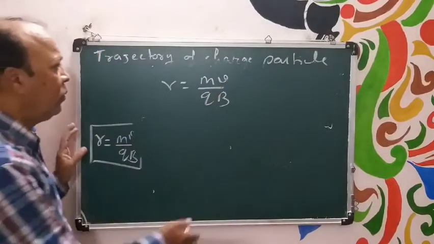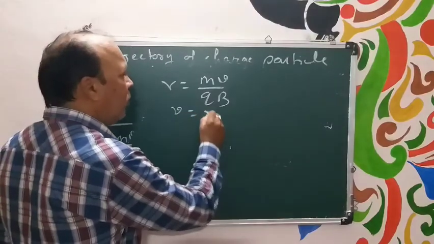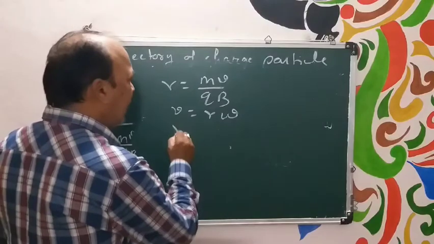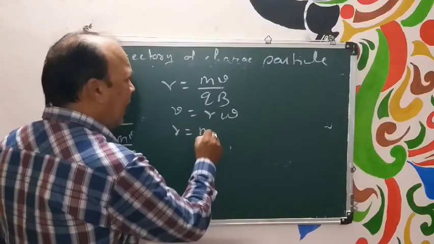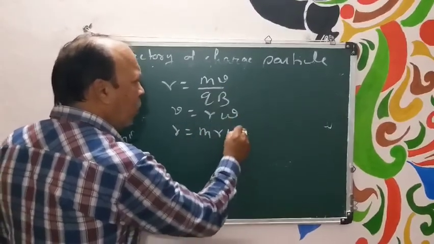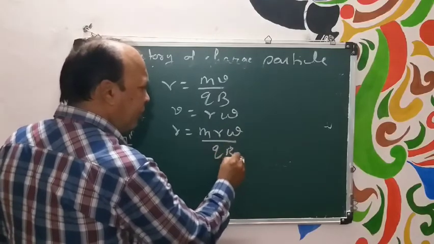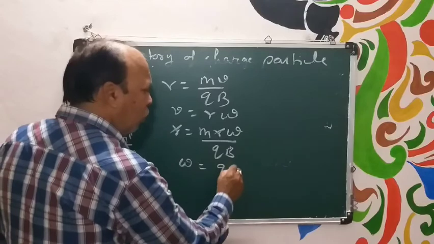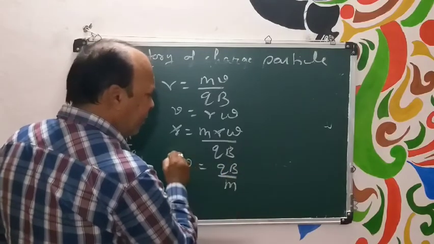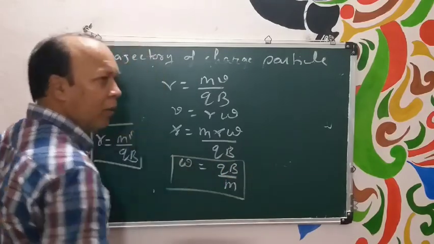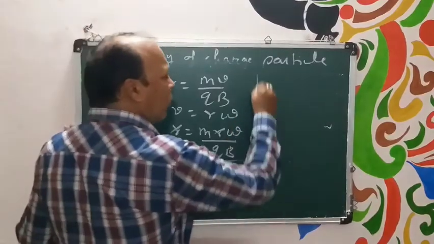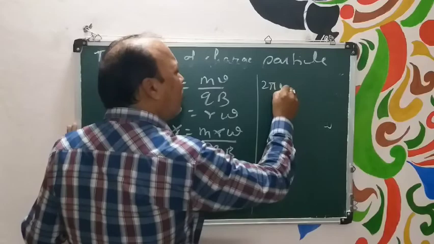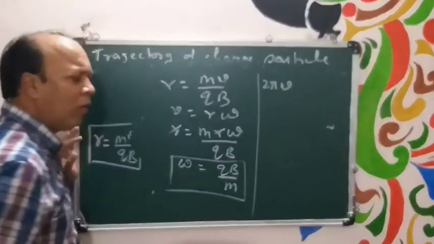Now v is equal to r omega, maybe angular velocity is omega, so you can write r is equal to m, instead of v you can write r omega upon qB. r and r cancel, so omega is equal to how much? qB divided by m. This should be the angular velocity. Now omega is also known as 2 pi nu, where nu is frequency.